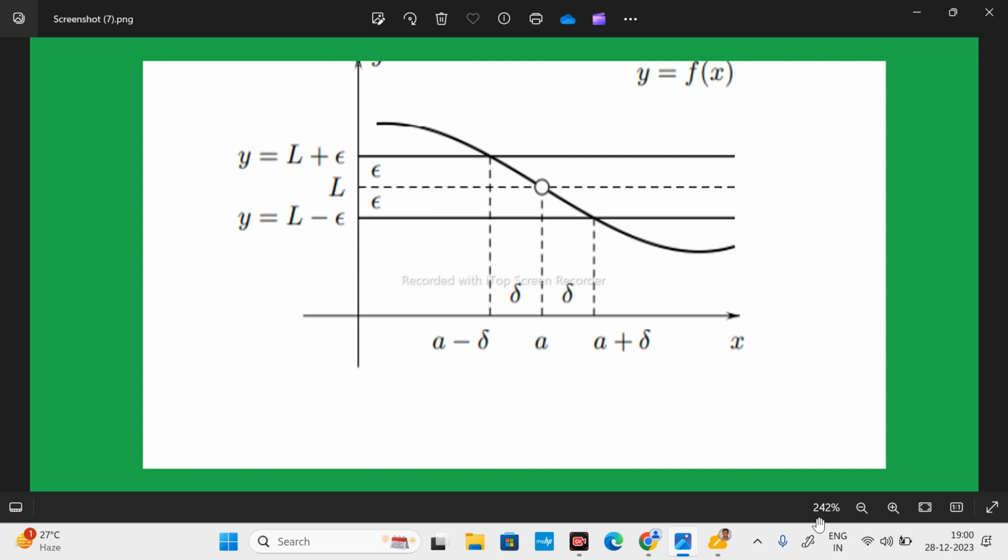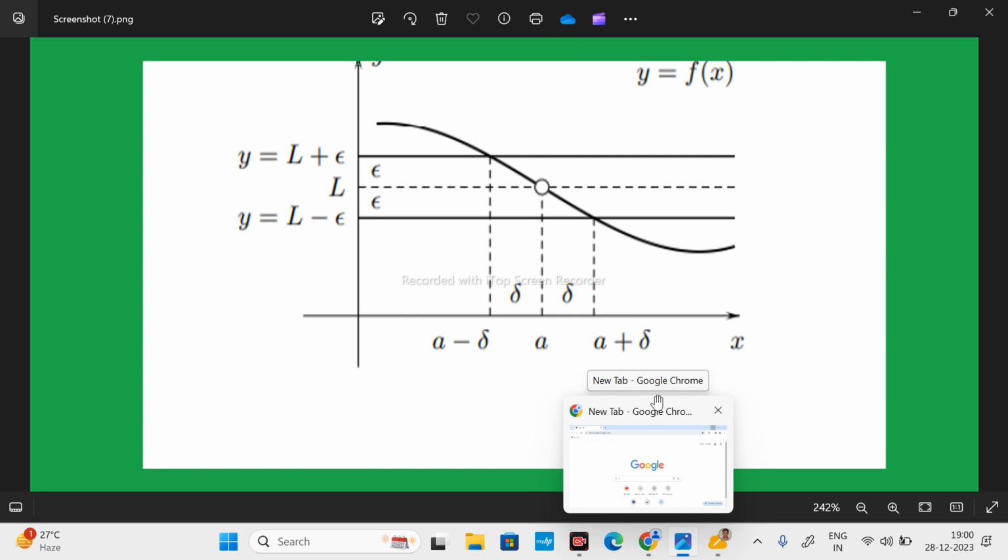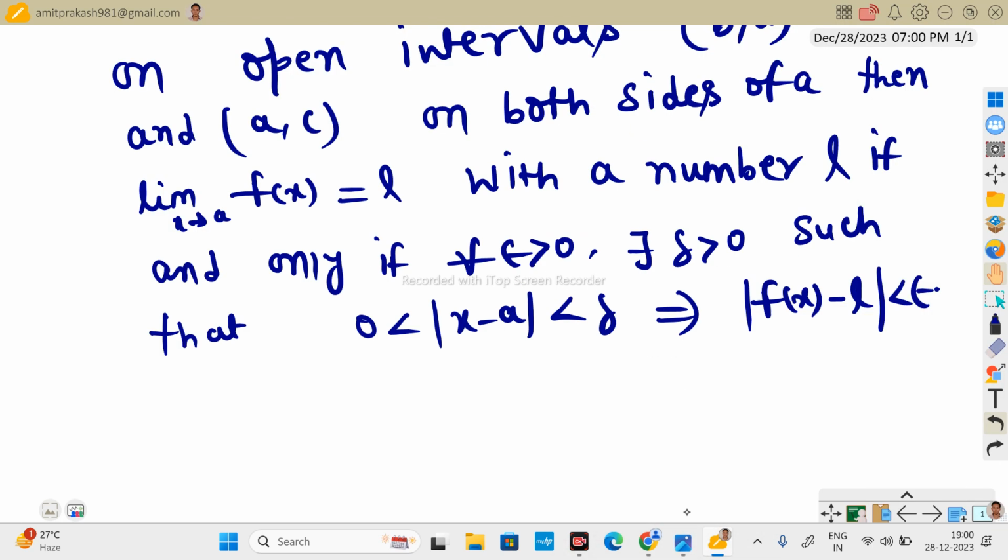For any epsilon we have a delta so that the value of f(x) lies in the neighborhood of L. So this is the graphical view of the formal definition of limit.